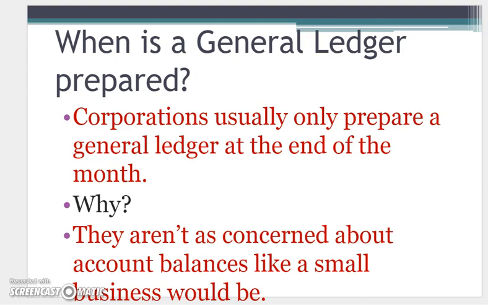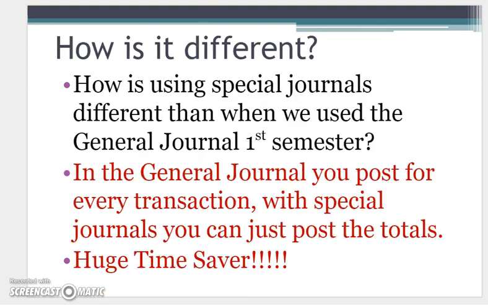They would care about that stuff throughout the entire month. But a corporation, because they have so many transactions and they are so much larger, doesn't feel it's necessary to keep track of those accounts all the time or daily. So instead, the accountant for a corporation would prepare the general ledger usually at the end of the month. And how they do this will be the next question.